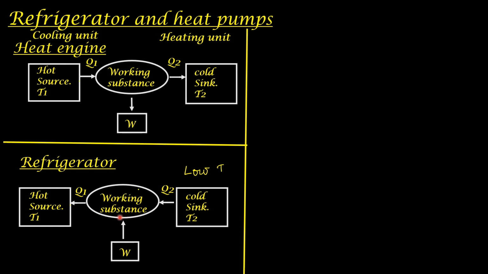Then the working substance releases a certain amount of heat, say Q1, into the external or hot reservoir, that is environment, which is at a higher temperature T1. The working substance is contained inside the compressor. Compressor does work on the working substance using electrical energy from the power source.